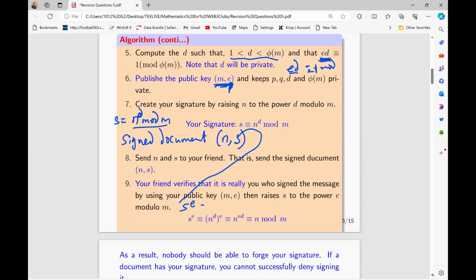The answer that you get, let me call it M1, compare it to what you have here and see if they're the same.